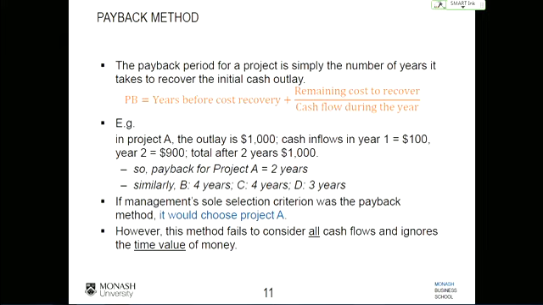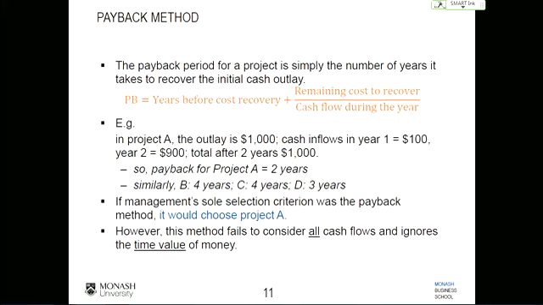With the first method, the payback method, what does it mean by payback method? With the payback method, it's going to measure the payback period. And the payback period for a project is the number of years that it would take to recover the initial cash outlay.